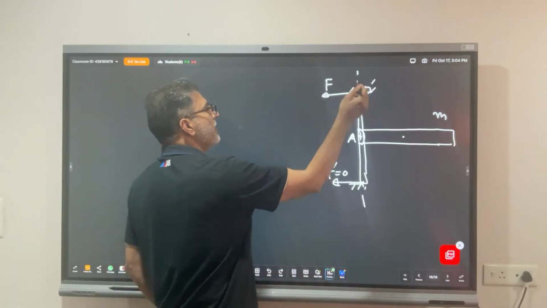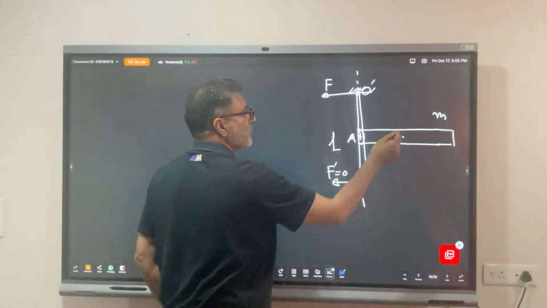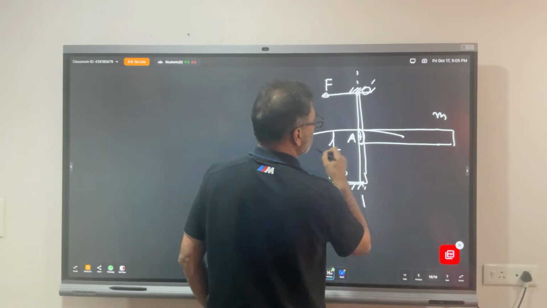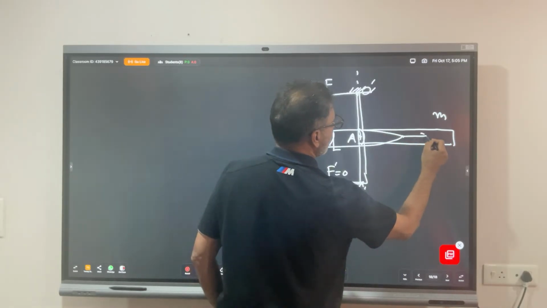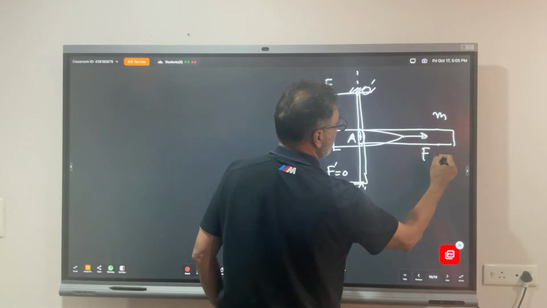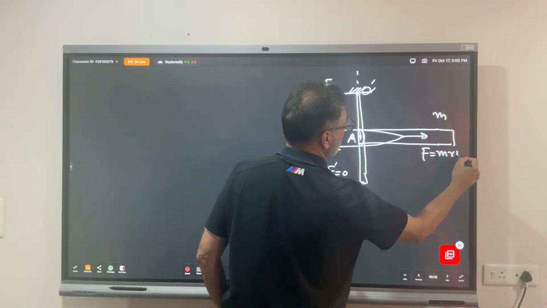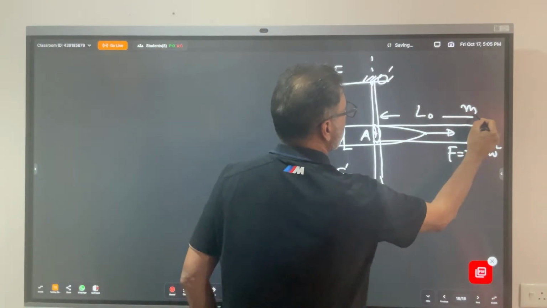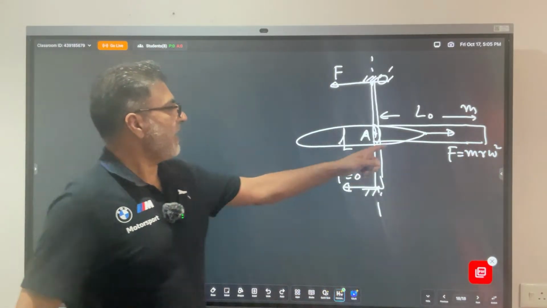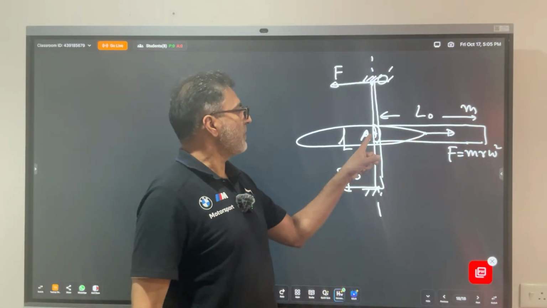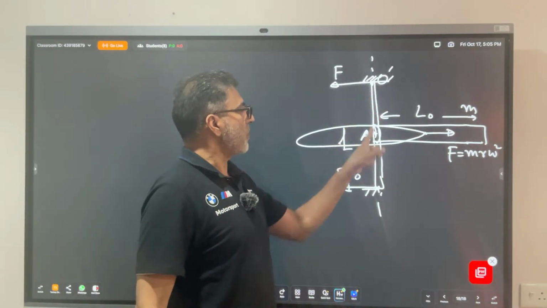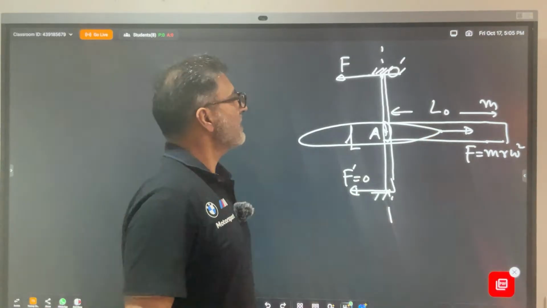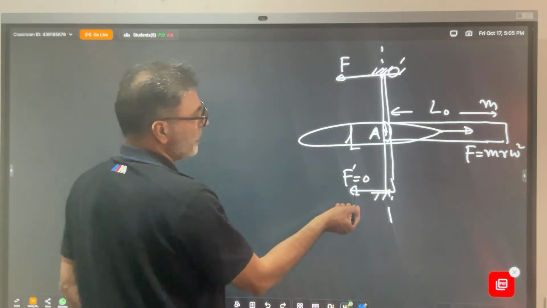Basically this force rotates because this centrifugal force also rotates, since the rod moves in a circle. The centrifugal force is F equal to m r omega square, and the length of this rod is L0. So this is the centrifugal force about this A, with respect to this rod. When this rod rotates, this force must be balanced by this force and also this force.